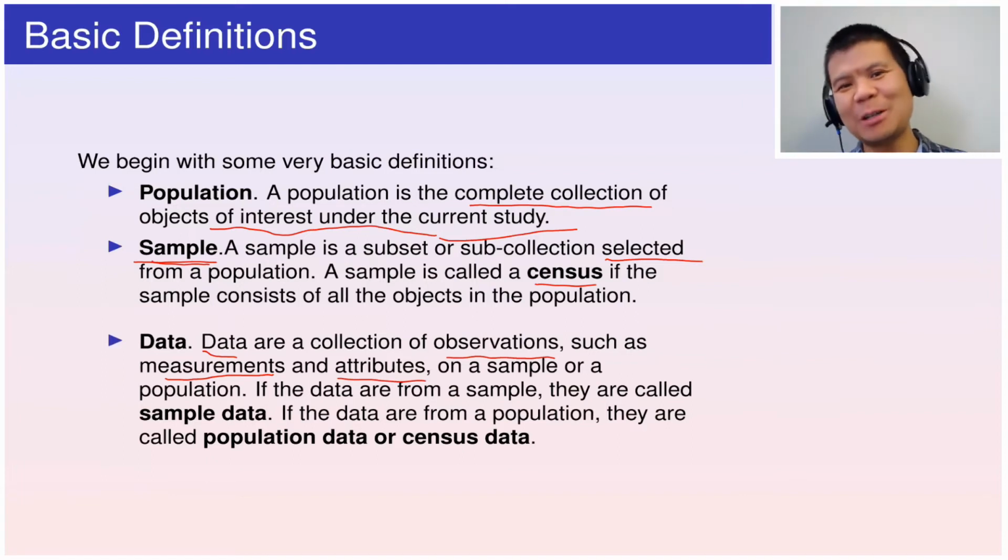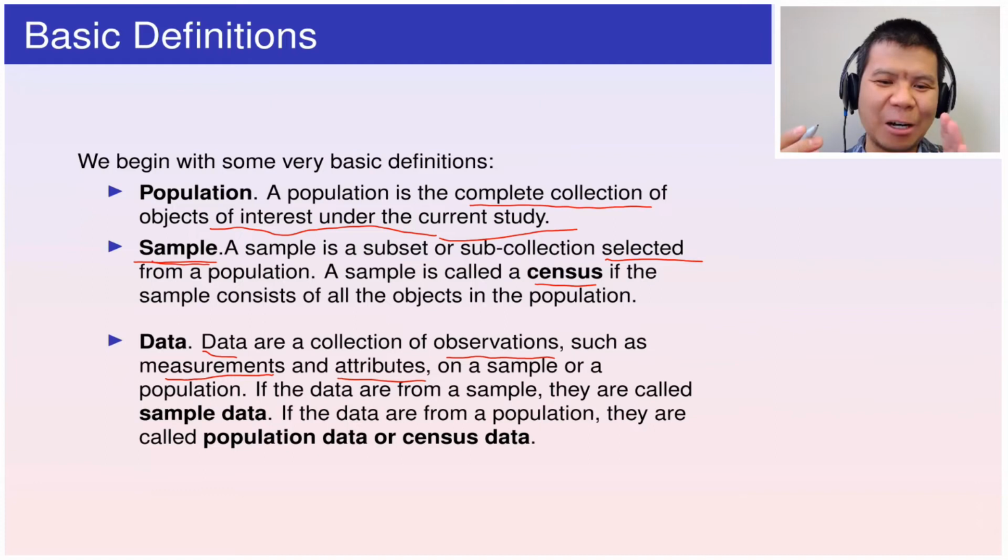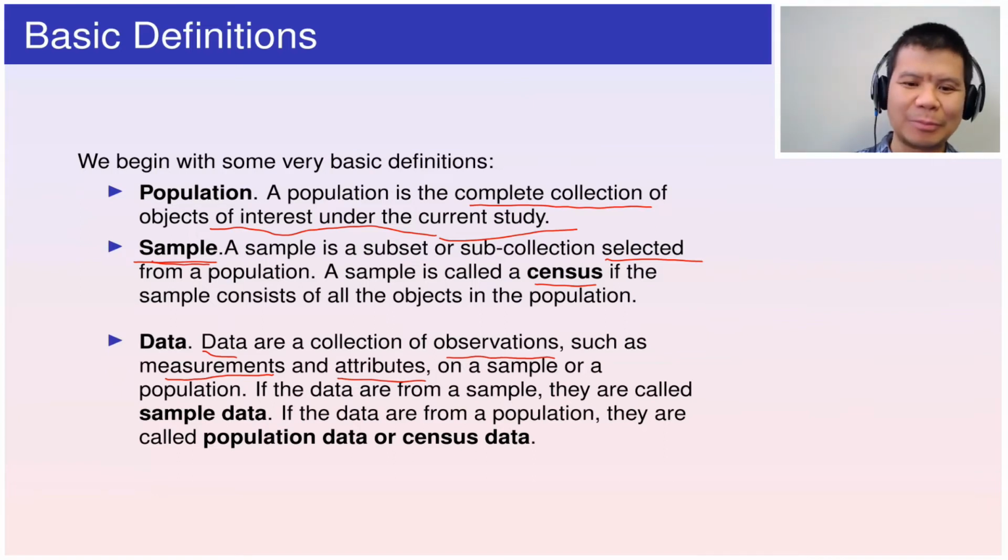So it's not a numerical value, but for instance, the gender of the newborn baby, male or female. It's not a measurement. It is an attribute. So data, these observations, can be measurements, or they can also be attributes.